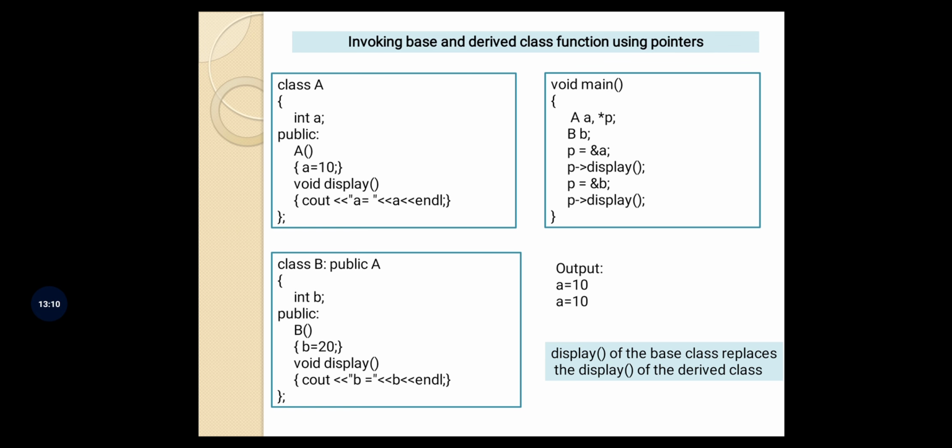Now what is the importance of this? We will refer it to another lecture, where I will discuss the different ways in which polymorphism can be used. But for now, just remember this important property, that the base class display will replace the display of the derived class if you are using a base class pointer.